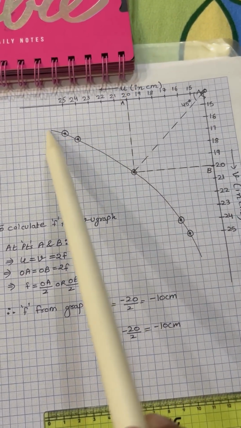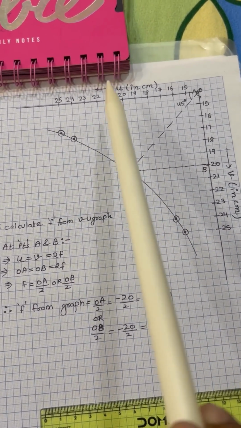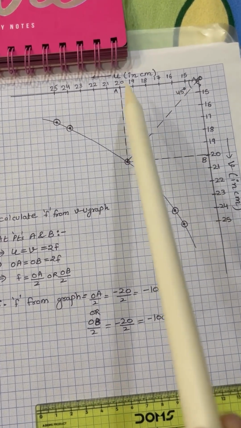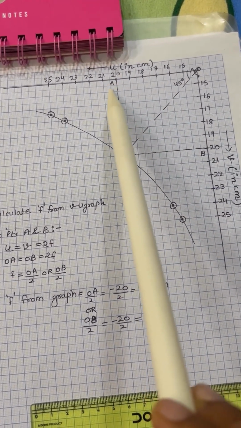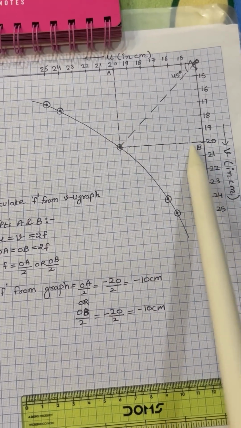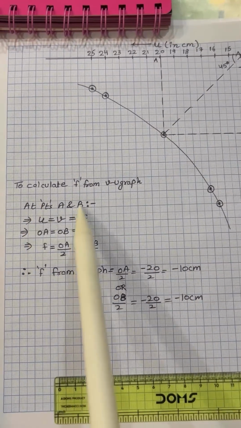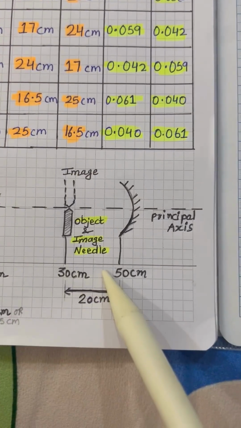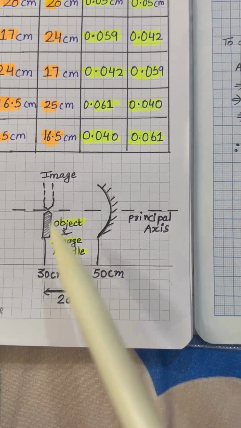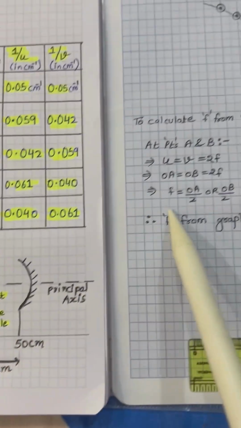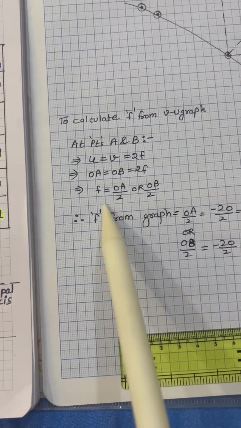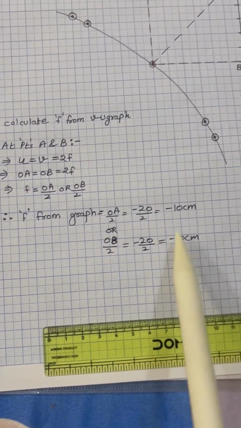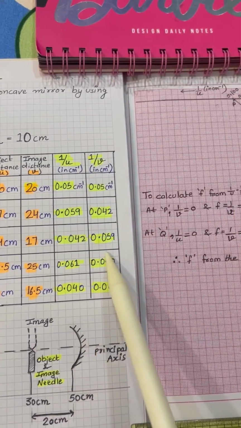Now, in order to calculate the focal length, we will draw a square by drawing a line at 45 degree as shown here, and the focal length can be calculated from the points A and B. Point A is the point where u and v are the same, so this is the condition of double focal length. So just by dividing the OA and OB distances by 2, we will get the focal length from the u-v graph.